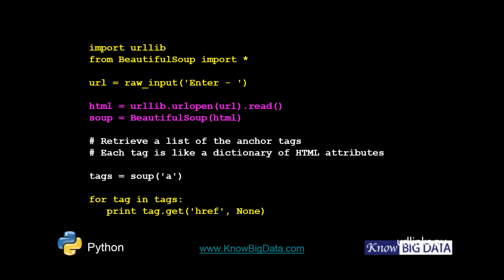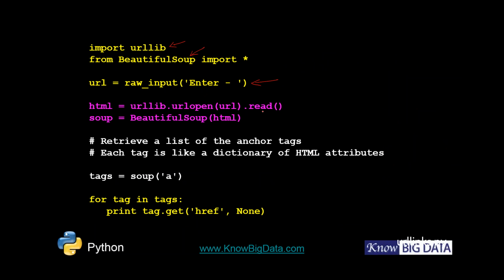Here, you're making use of urllib and Beautiful Soup both. You take the URL as input where you want to perform the web scraping and read the HTML data.